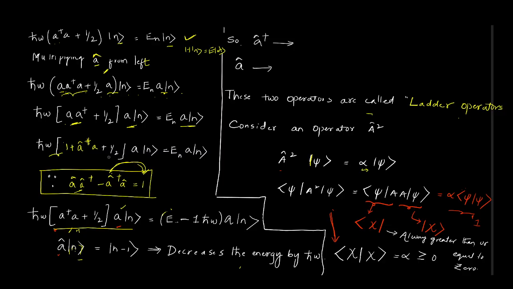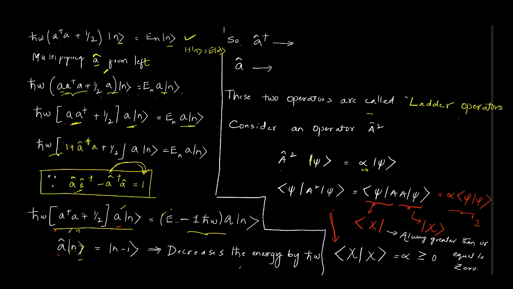So from this equation we can write the equation as ħω(A†a + 1/2) a ket, which equals (E minus ħω) a ket. Here we are taking the first term, ħω a ket, to the other side, where it will be subtracted.